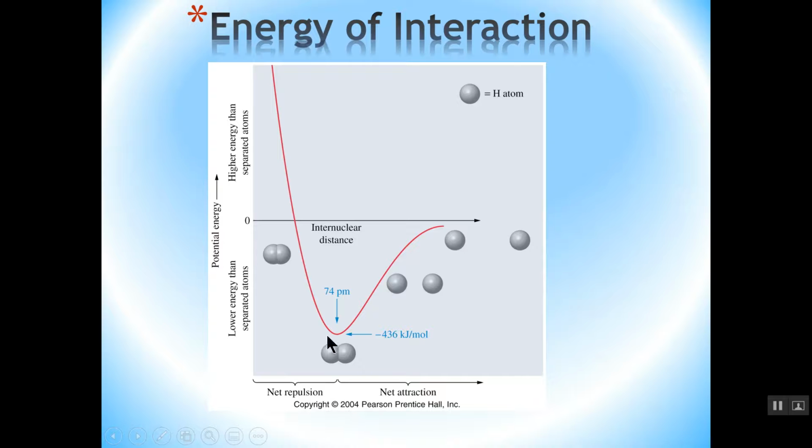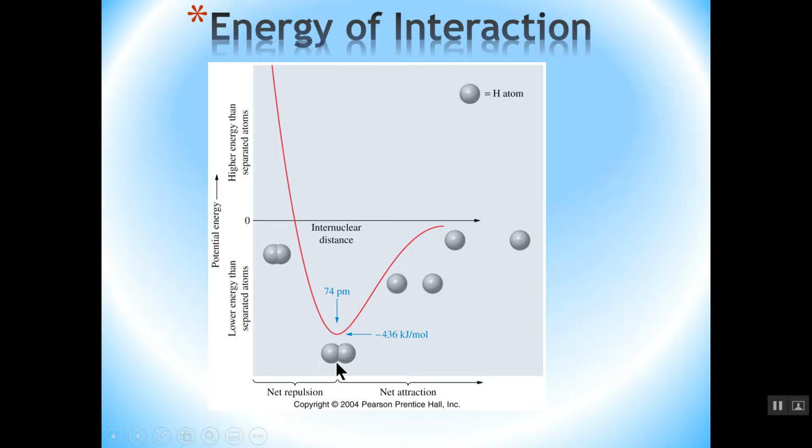On the other hand, if you're pulling the atoms apart from each other, then what you'll find initially is that the energy will rise because there's some resistance to your pulling the atoms away from each other, because what is happening is that you're increasing the distance between the nuclei and the valence electrons.